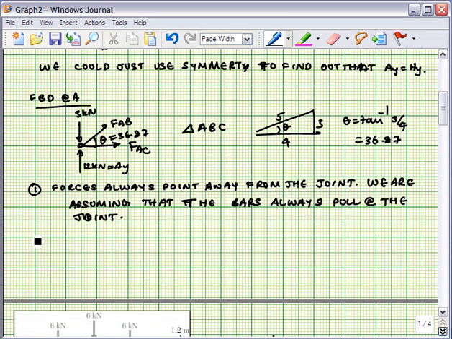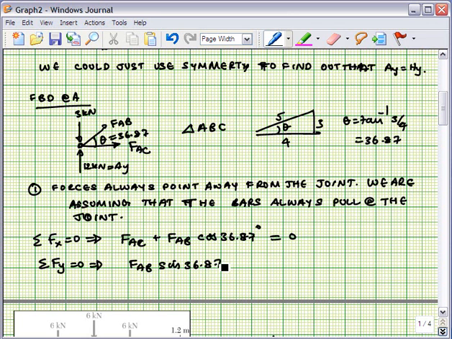Now I'm going to set summation of all the forces in the x direction equal to 0. Immediately will give me FAC plus FAB cos 36.87 must be equal to 0, because those are the only two forces in the x direction. Summation of all the forces in the y direction equal to 0 gives me FAB sine 36.87 minus 3 minus 12 equal to 0.